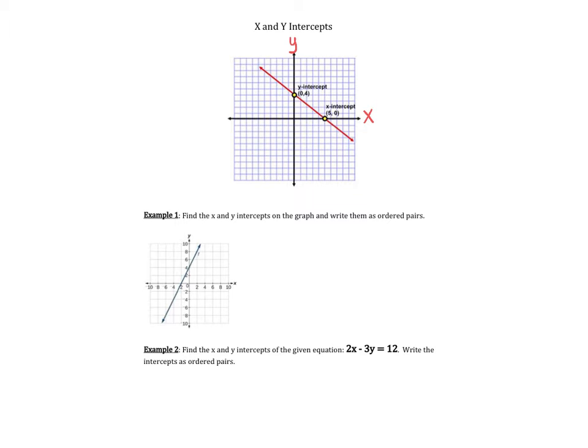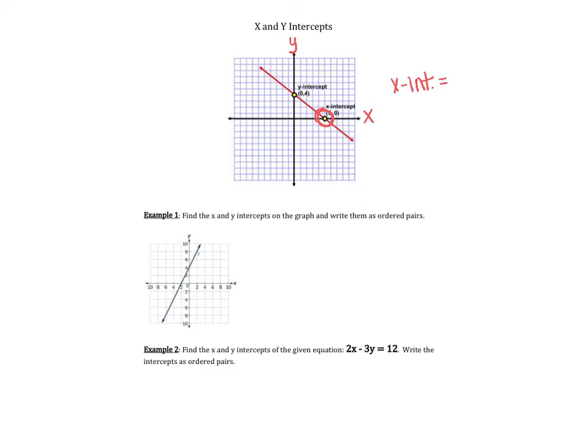It's where your line, and this line is red, you see the line, where your line intercepts or intersects the x-axis. So the x-intercept is right here, the yellow dot, and it's where my line crosses the path of the x-axis. Sometimes it's shortened as x-int.